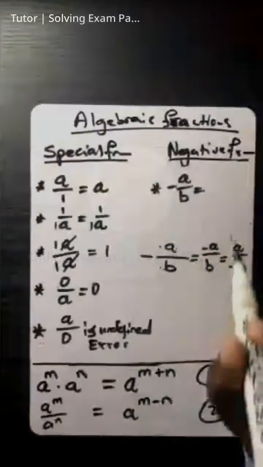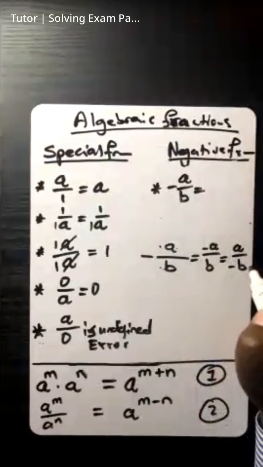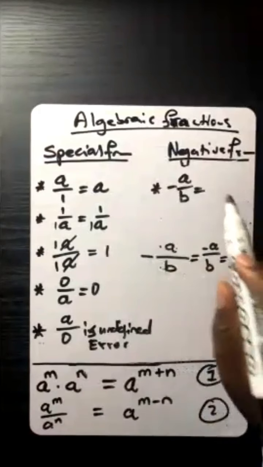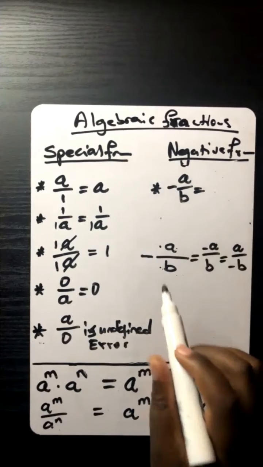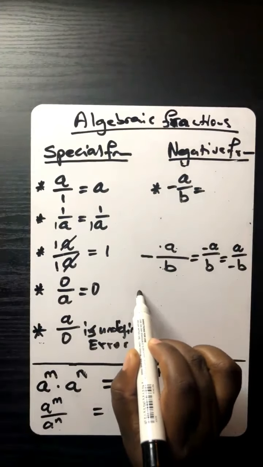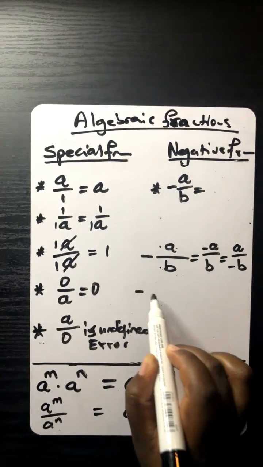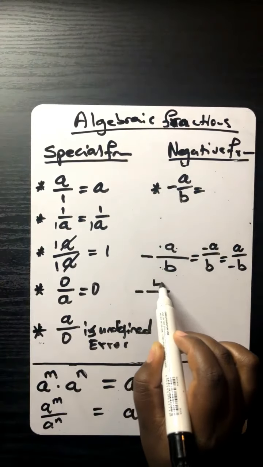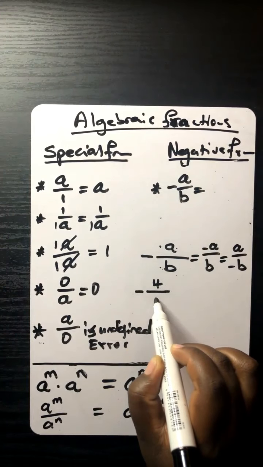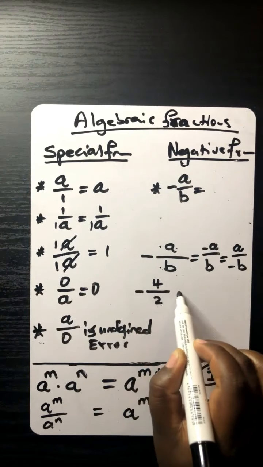Okay, so I'm going to teach you how to test it. I hope all of you have got a calculator which has a fraction button. So on your calculator, say negative, then use that fraction button. Substitute 4 over there, and again substitute 2 over there.